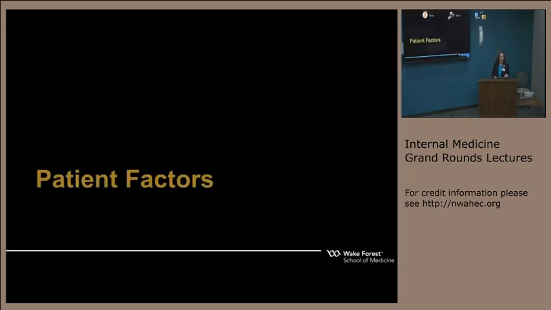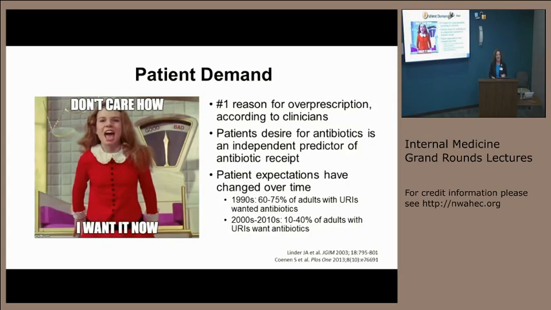So let's dive right into some factors and see if you discussed any of these. If you discussed patient demand or patient expectations, you would be in good company. This is actually the number one reason cited by clinicians for why they overprescribe. And a patient's desire for antibiotics is an independent predictor of antibiotic receipt.